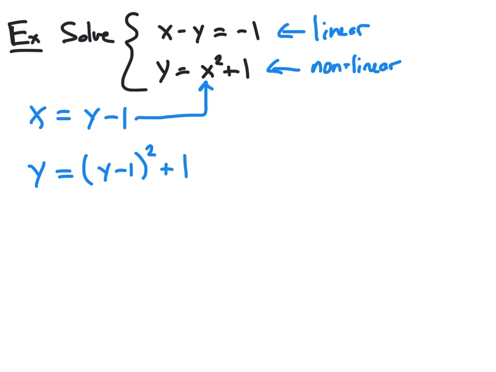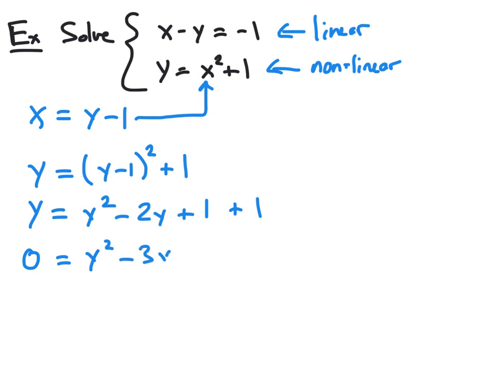We'll now use algebra to simplify all of this out. And so we're going to have y equals y squared minus 2y plus 1. Remember, we do need to expand the (y minus 1) squared completely to get y squared minus 2y plus 1. We can rearrange this. This will be 0 equals y squared minus 3y plus 2.